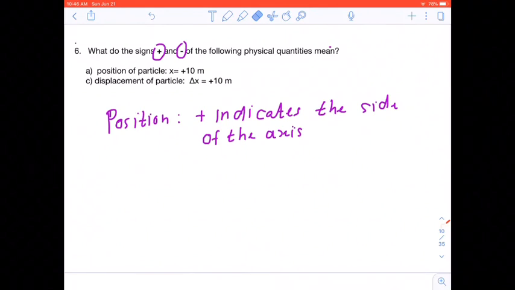And then displacement, slightly different here. Displacement, what does a positive mean?